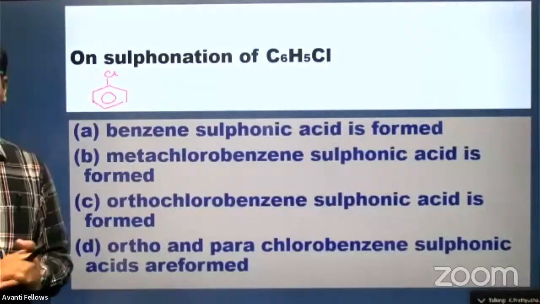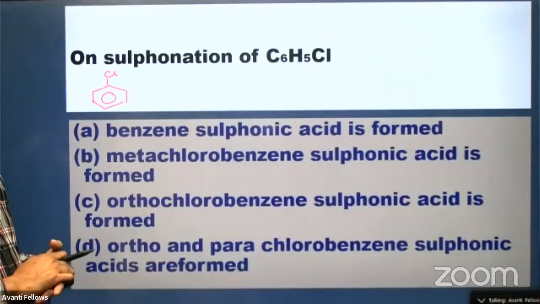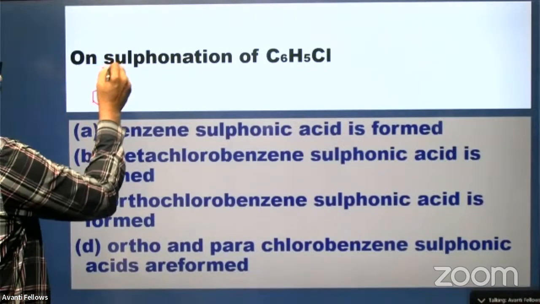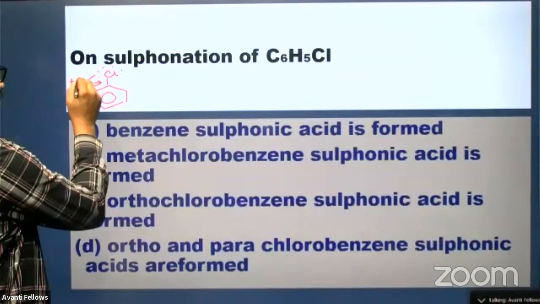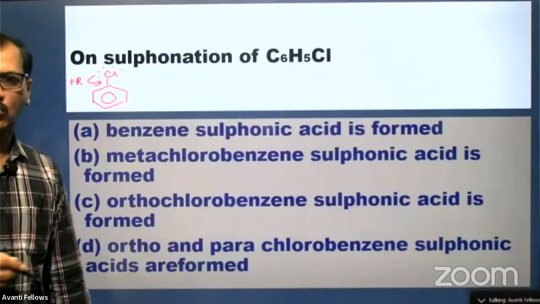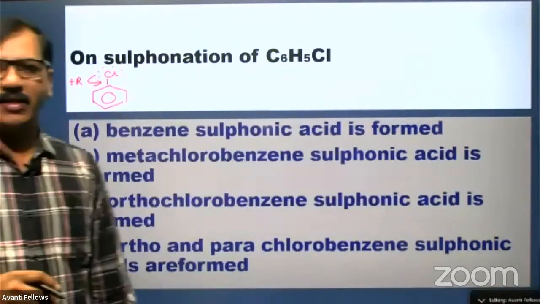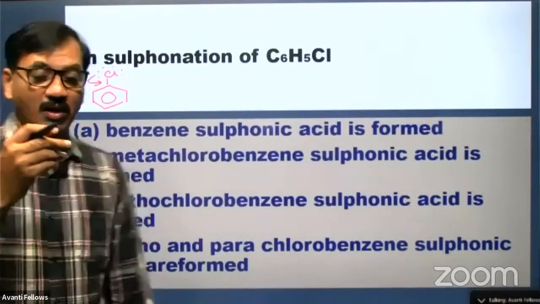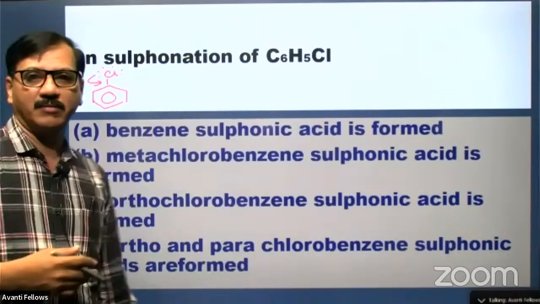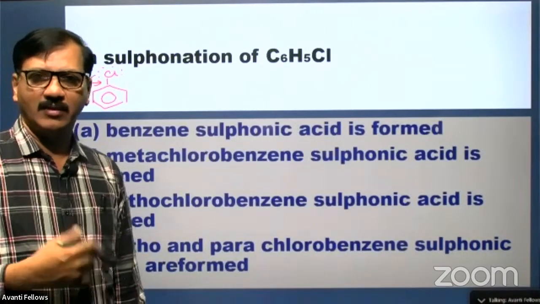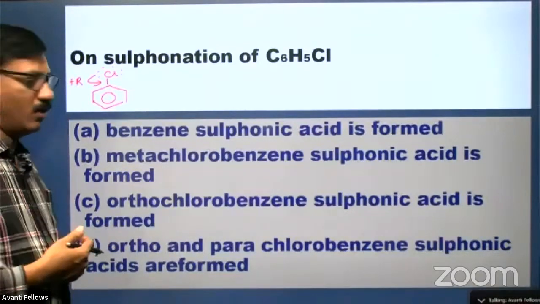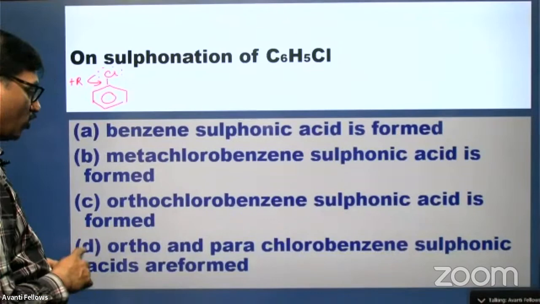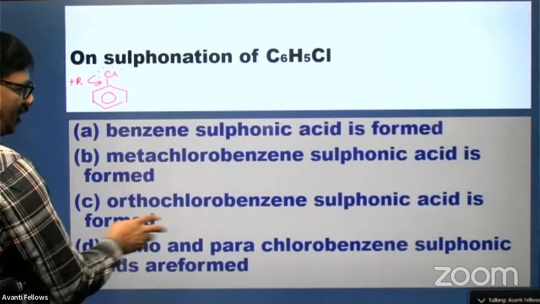Option D is the right answer because chlorine is ortho-para directing. It has a plus R effect, the resonance effect. Groups attached to the benzene ring which have a plus R effect are ortho-para directing for the incoming electrophile. Therefore, both ortho and para chloro compounds are obtained.